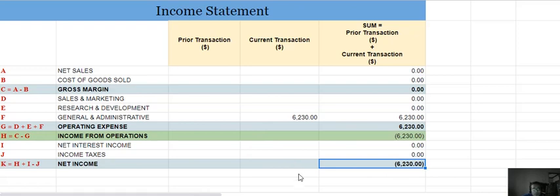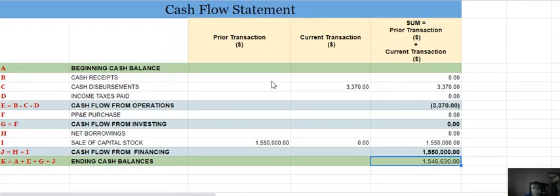Let's go to the next statement, that is the cash flow statement. In the cash flow statement also, I make an entry of $3,370 against cash disbursement. This is the amount which is my take home, and this is the amount which is going to leave the organization.